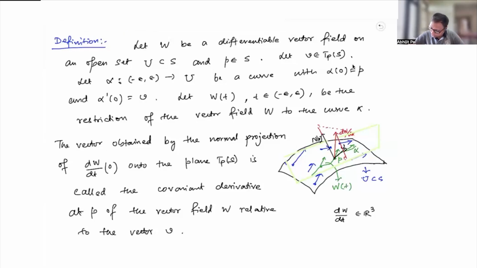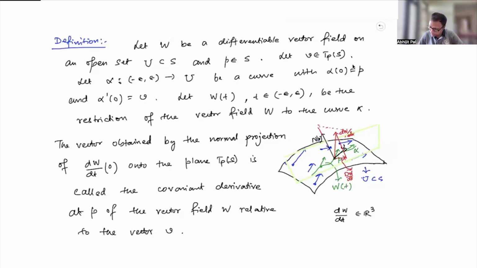So normal projection means the following: you take the plane passing through N and dW/dt, and take this projection here. So this vector is the covariant derivative of this vector field W.